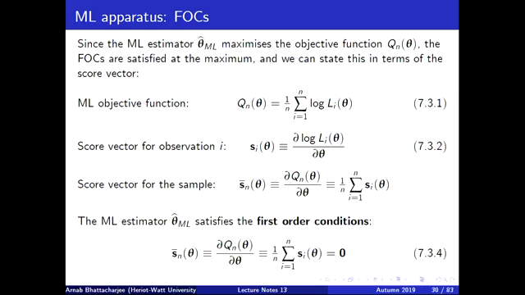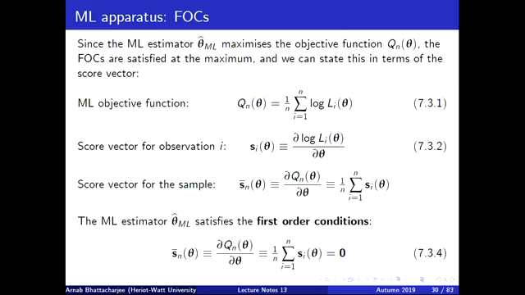Right. First order conditions. This is the score vector for an individual observation. This is the score vector for the sample. So what is the maximum likelihood estimator really? It is setting the score for the data to 0. When you set the score for the data to 0, how many equations do you have?